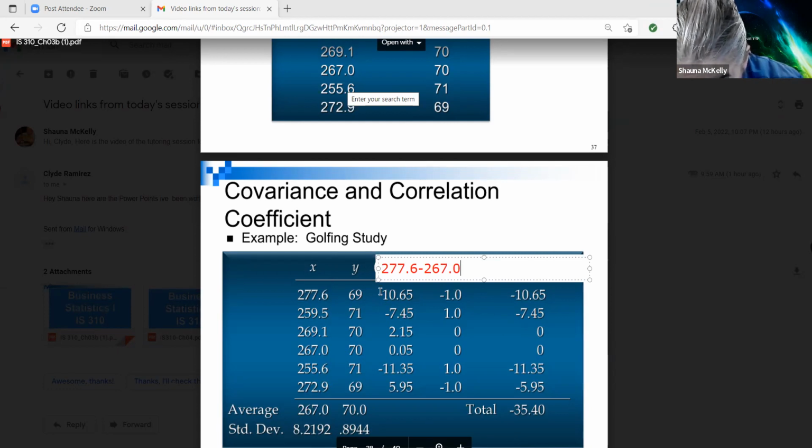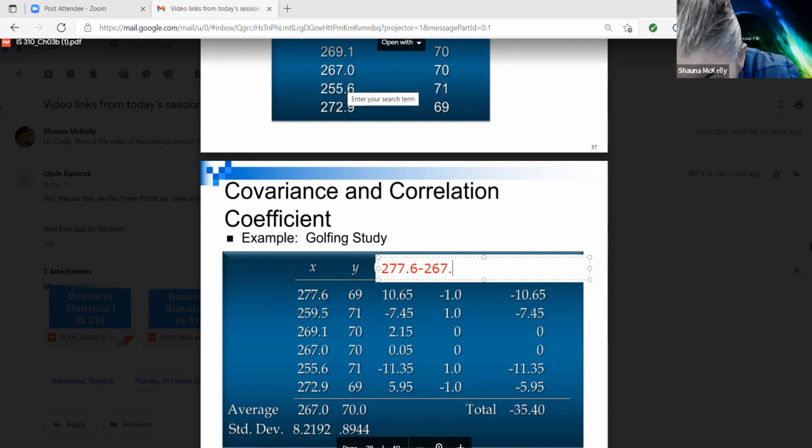The score minus the mean. The score minus the mean. So if you take 259.5 and you subtract 267.0, you should get negative 7.45.